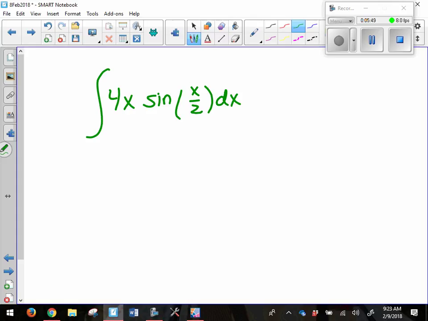So you have come to an integral. What's the first thing you do? By inspection. Can you take the antiderivative of that by inspection? No. I can certainly pull the 4 out.